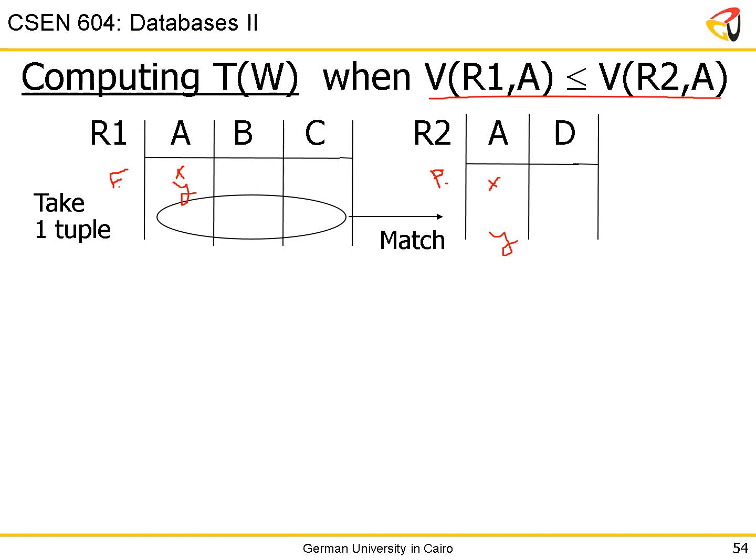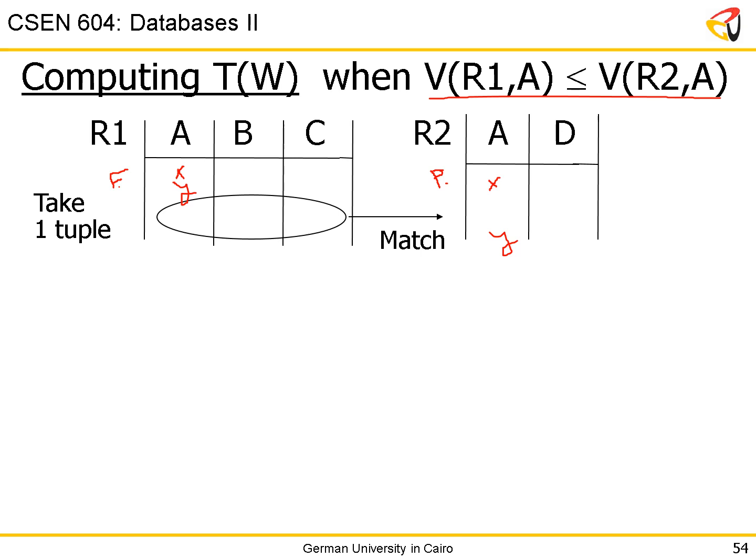When the number of unique values in R1.A in this column is less than or equal to the number of unique values in R2.A, what does this mean? This means this is the foreign and this is the primary, because the number of unique values here could be less than what's in here. So this has to be the foreign and this has to be the primary.